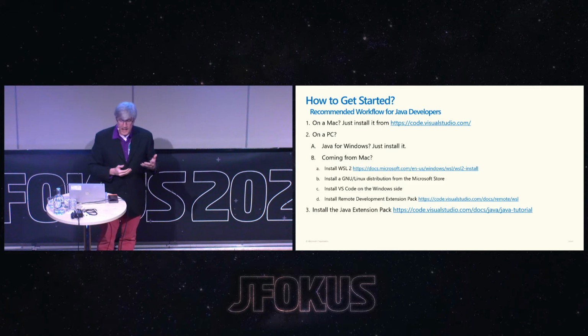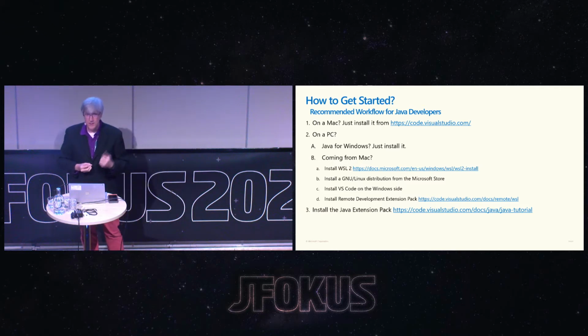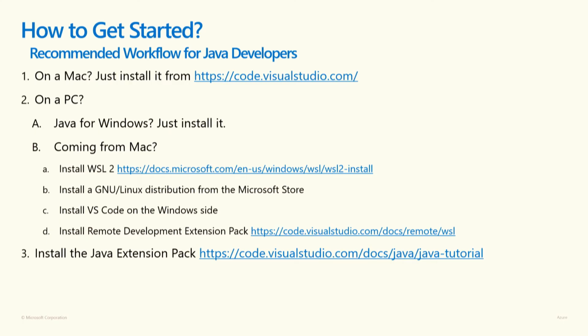To avoid that, you install WSL 2. This is a preview version of Windows Subsystem for Linux, and I recommend that if you're going to start using WSL on Windows, don't even bother with WSL 1, because WSL 2 is a complete change in how it's working.